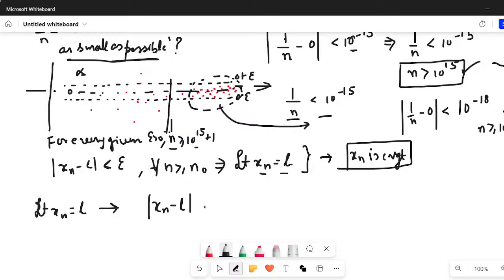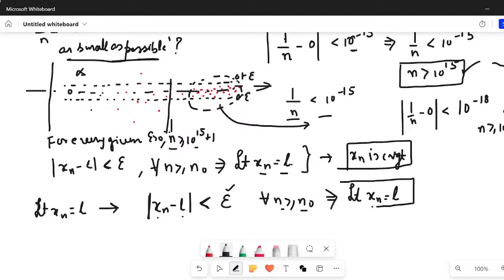How to quantify that statement as small as possible? Let us say it is less than epsilon. For any given epsilon, if I am able to produce an n naught such that xn minus L का mod can be made less than epsilon for all n greater than equal to n naught, this implies that limit xn is equal to L. And if this particular limit exists uniquely, then I say that my sequence xn is convergent.